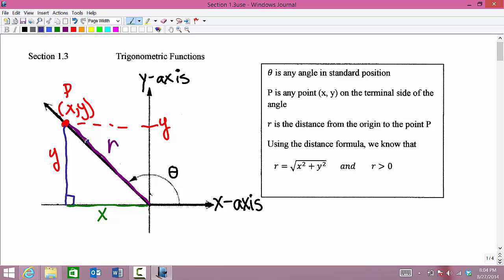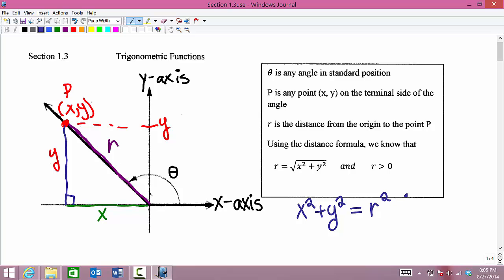In order to work with this, we need to know how to measure r. How do we find out the length of r? In order to do that, since we have a right triangle, let's use our Pythagorean theorem. The Pythagorean theorem says that x squared plus y squared, which would be side 1 and side 2, the legs of this triangle, when I square them and I add them together, is equal to the square of the hypotenuse, which is r.